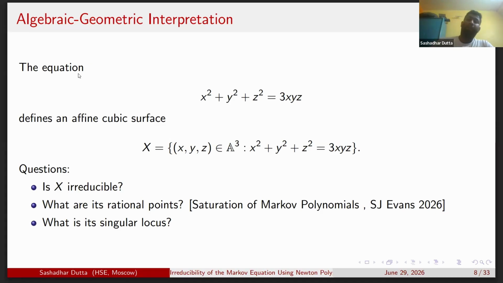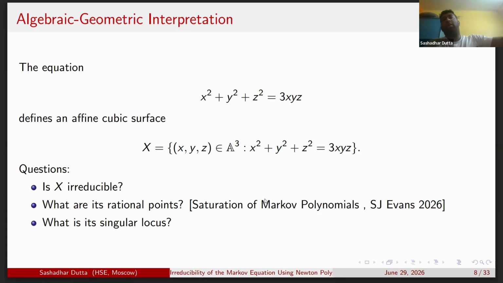So now the main motivation is: is it irreducible? What are its rational points? A few months ago, S.J. Evans from Loughborough University, UK, published a paper on saturation of Markov polynomials.